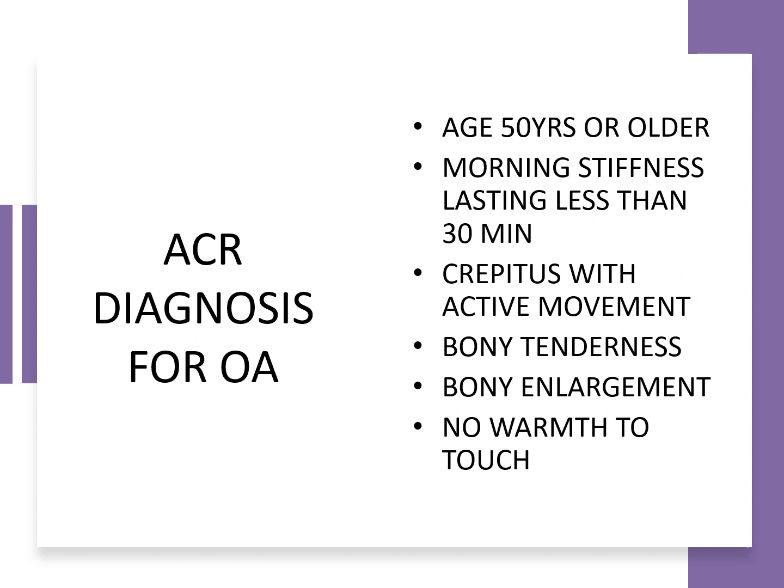These criteria tell that when the age group is 50 years or older, or when the patient has morning stiffness which lasts less than 30 minutes, if there is crepitus, which means abnormal sounds within the joint during active movements, or there is bony tenderness on palpation, there is bony enlargement, or there is no warmth to touch. If these points are present, we can say that the patient has osteoarthritis.